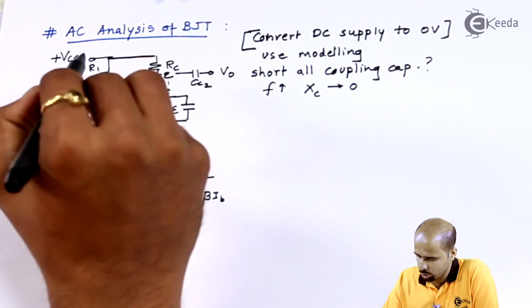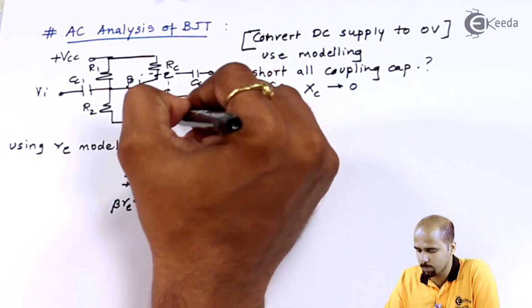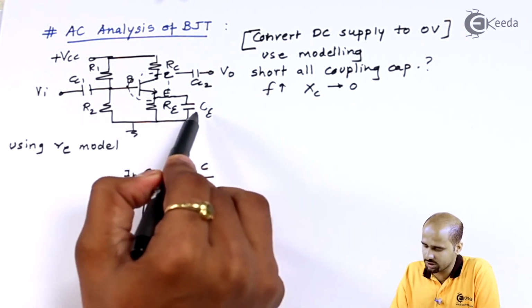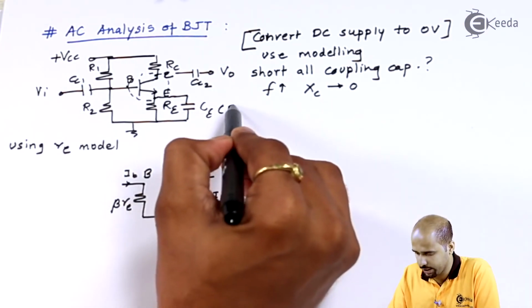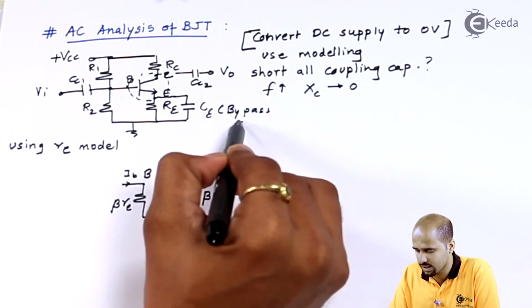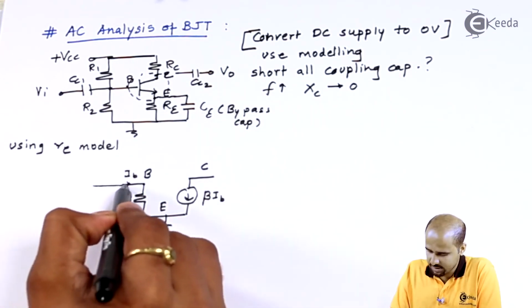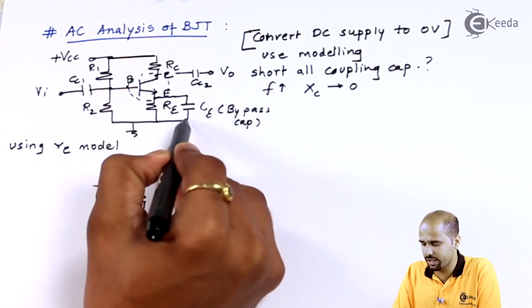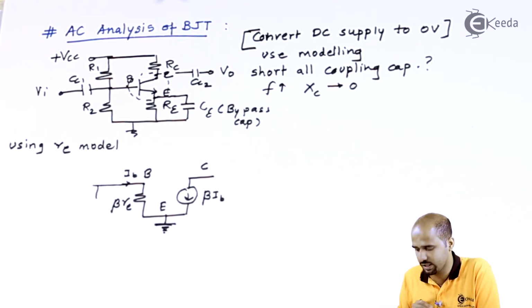So XC will tend towards 0, so we will short this. So this coupling capacitor will get shorted, and if this bypass capacitor gets shorted, capital RE will be redundant in nature. So if I short this capital CE, which is the bypass capacitor, the emitter, with resistance beta re, will get shorted by capital CE towards the ground. That's why the emitter is directly connected to ground.